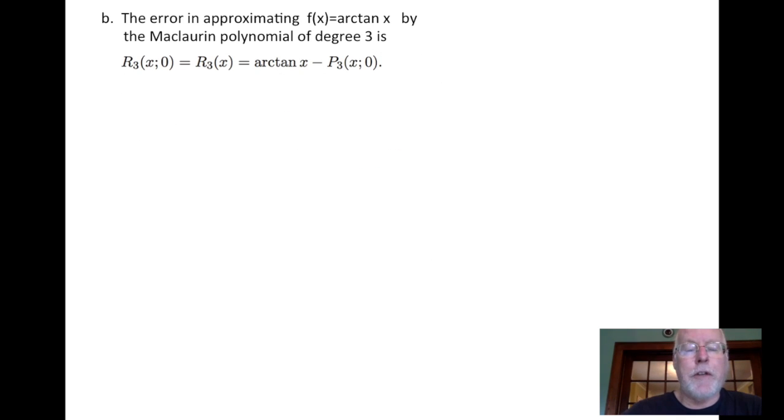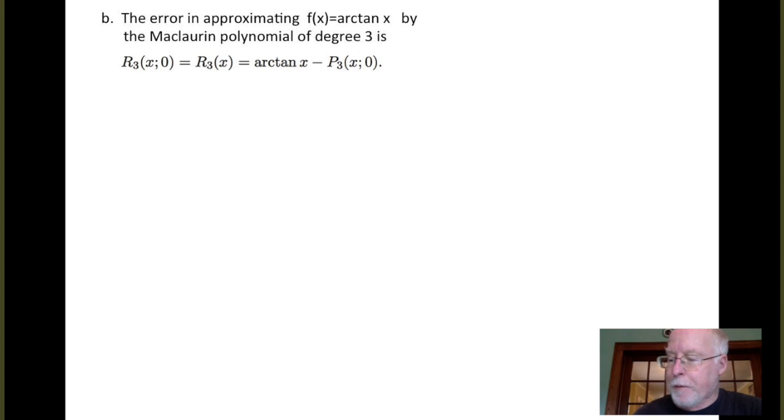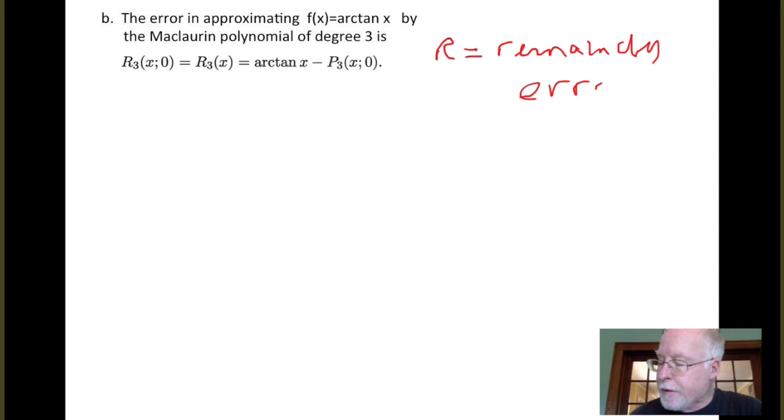Okay, so let's take a look at the error. In determining when a power series converges to a function f, we're interested in looking at the limit of the Taylor polynomials, asking, do those Taylor polynomials get close to the function? Is the difference small? So when we talk about difference, we use this notation, capital R. R actually often stands for remainder, but it also is often thought of as the error.